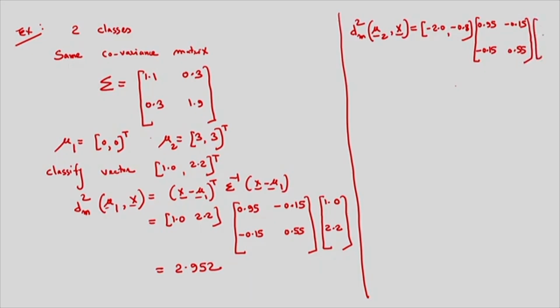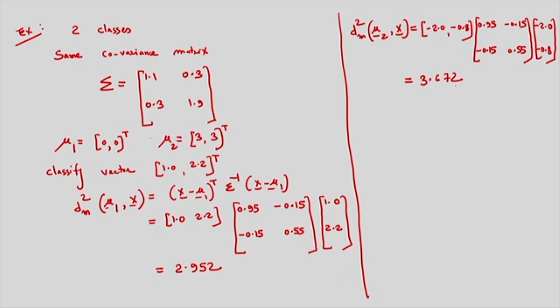So it is minus 2.0 and minus 0.8. Corresponding to this, the distance is 3.672.